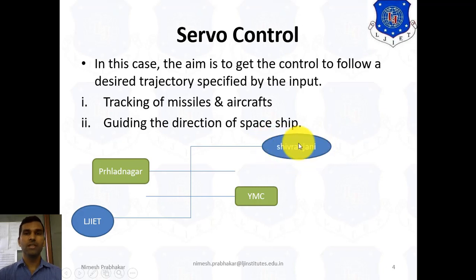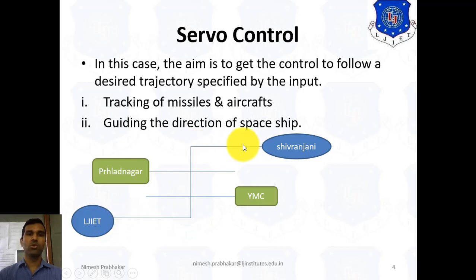This type of control can be achieved by a servo control system, because here we control the specific trajectory of the path defined by the input. Our trajectory is defined beforehand, and the path must be followed by the missile.